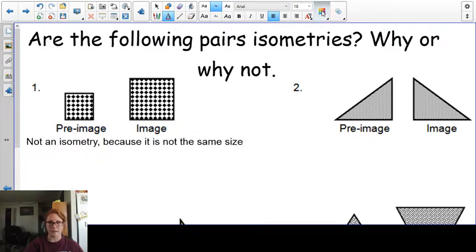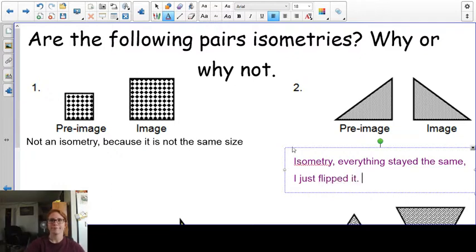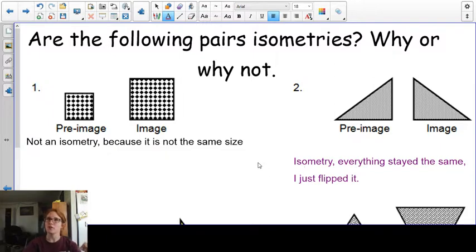Alrighty, the second one. Isometry or not? Good. Everything stayed the same. I just flipped it. Remember, if I'm going too fast, just go ahead and pause these videos. Pause it for a second, turn it back on.